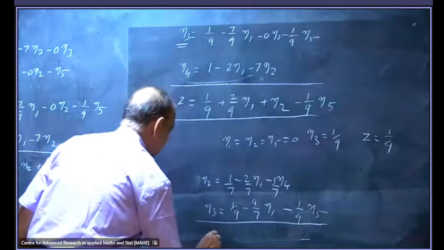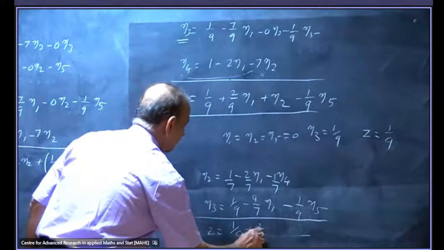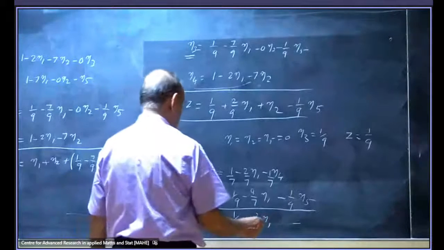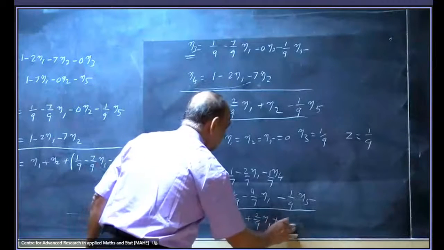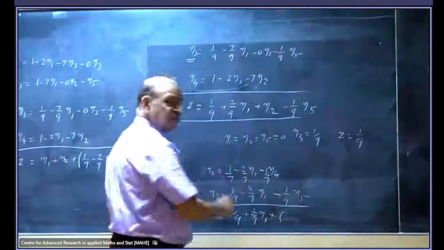Z is 1 over 9 plus 2 over 9 eta 1 plus, instead of eta 2, I should write down this expression, because eta 2 is this.